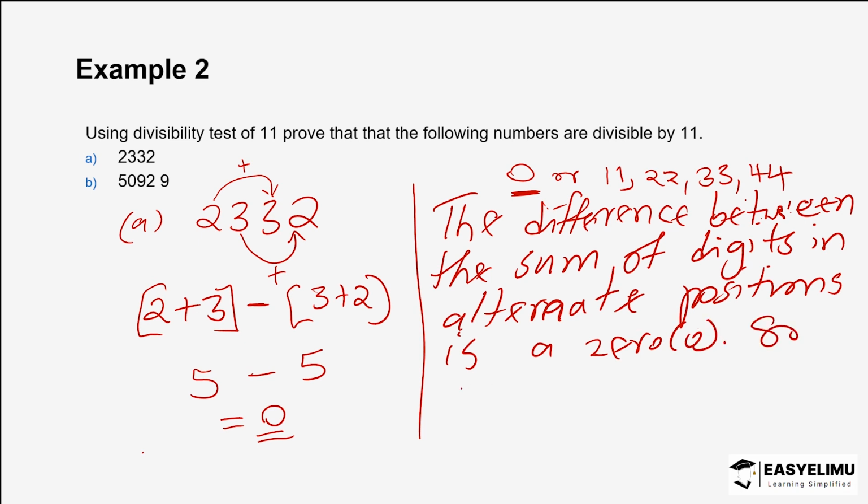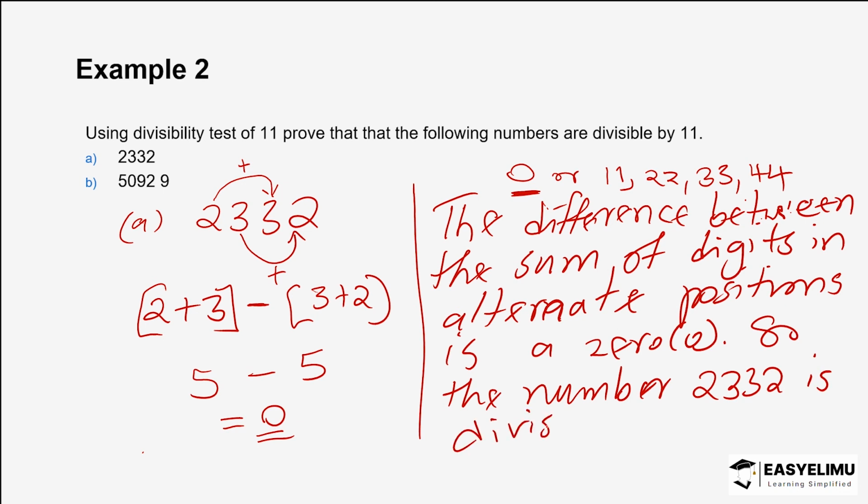So the number 2332 is divisible by 11. So already we have the condition met.